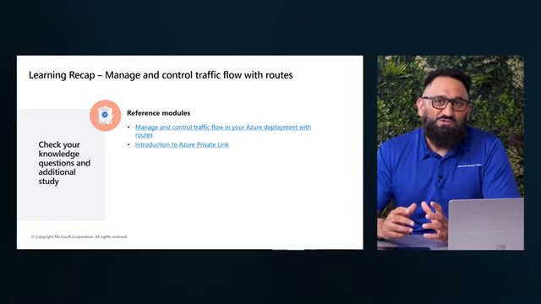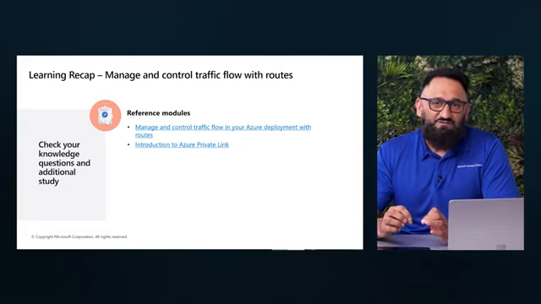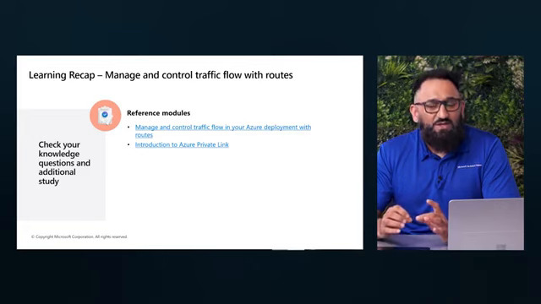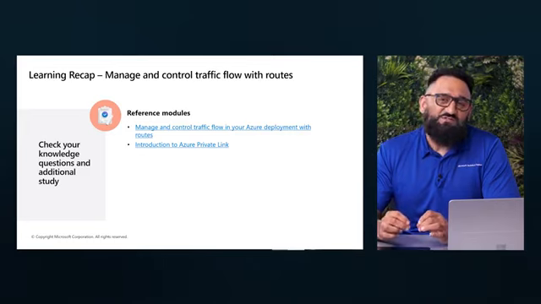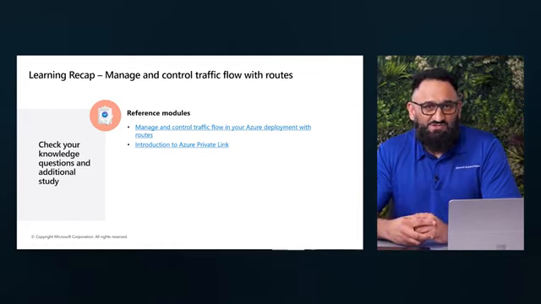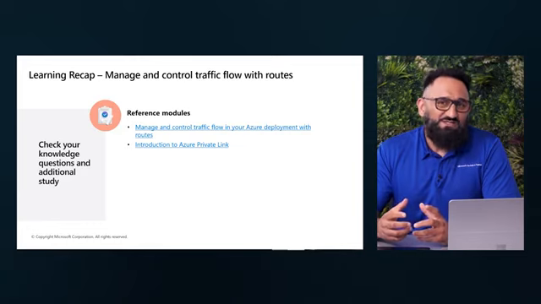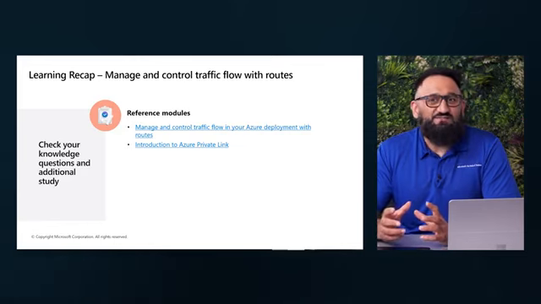Next, we moved on to configuring network routing and endpoints. This section guided us through reviewing system routes, identifying user-defined routes, and demonstrating custom routing tables. We also discussed the uses of service endpoints and private links to enhance network security and efficiency. Hope you have a better understanding of how to administer intersite connectivity effectively.